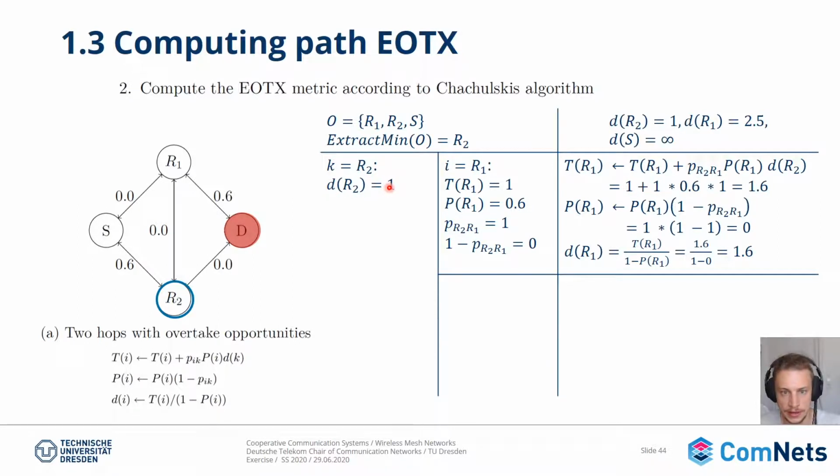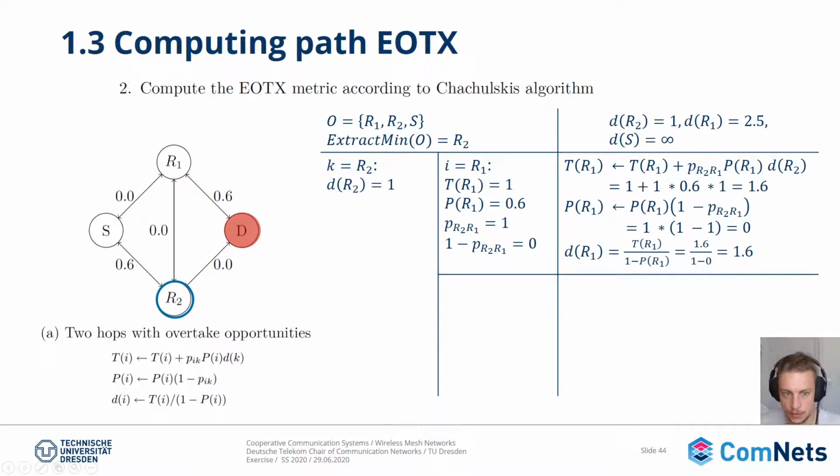So now we can again cycle over the incident nodes, which are R1 and S. And as I said, we now have a first multipath opportunistic opportunity here. So R1 can skip a hop if it chose R2 as a relay. The 40% of the packets that directly go to D, R2 would not need to transmit.